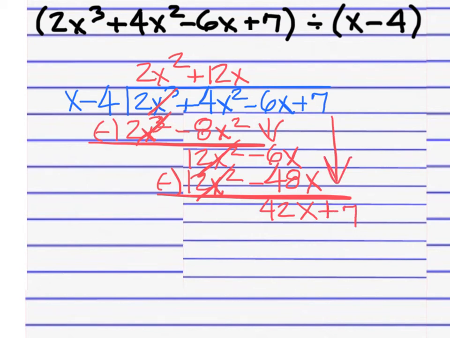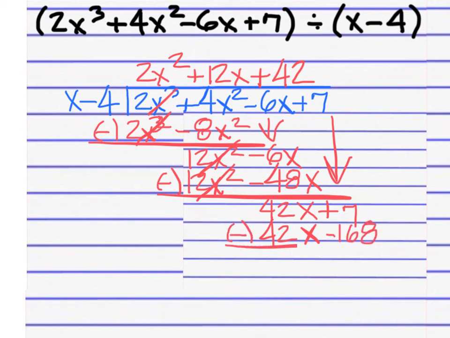So now we have to figure out what we're going to multiply x by to get 42x, and that would be 42. 42 times x is 42x, and 42 times a negative 4 is negative 168.